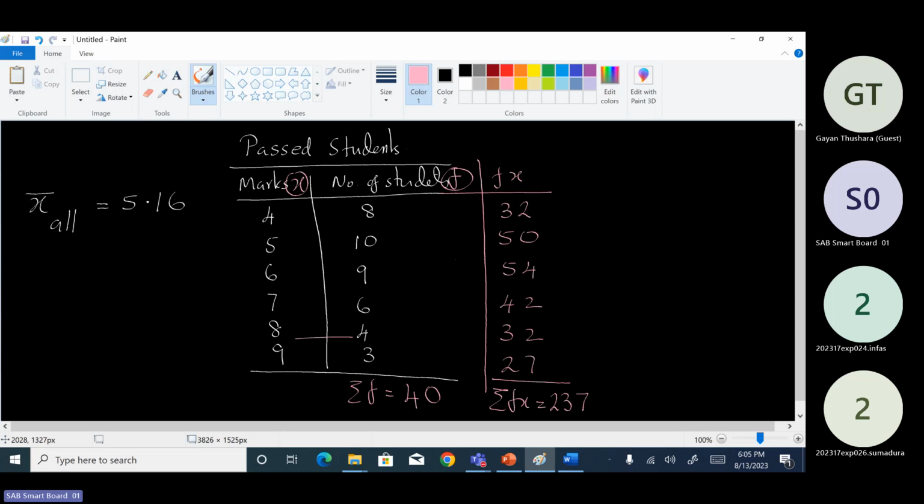Now, what is this data set? This is the students who passed. How many students passed? 40 students passed. What is their total marks? 237. So 40 students passed.